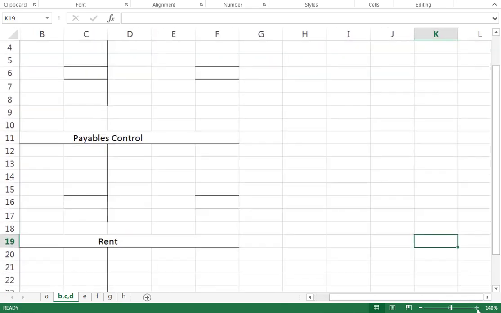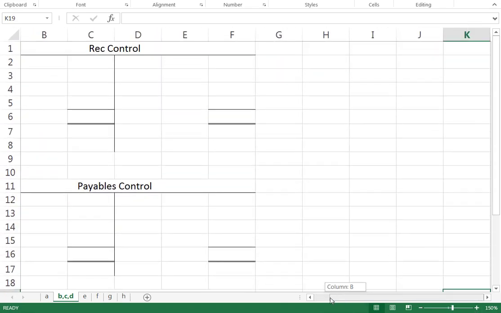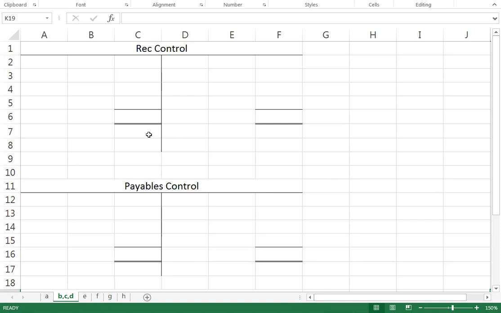So again, I'm just going to make that a little bit bigger. Alright, so what does it tell me? It tells me that my opening receivables balance was 14,000. So receivables are an asset, so I'm going to say 14, and that's my OB. Okay. It tells me that the closing balance for receivables is going to be 21,000. So I want that to be down here. Again, do you remember this from before?